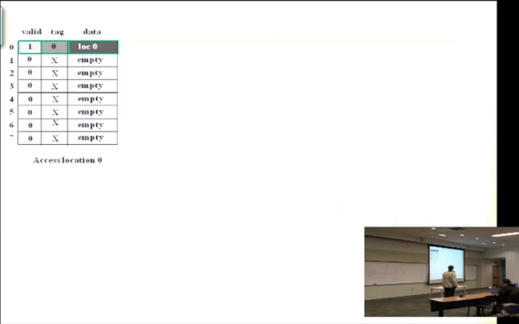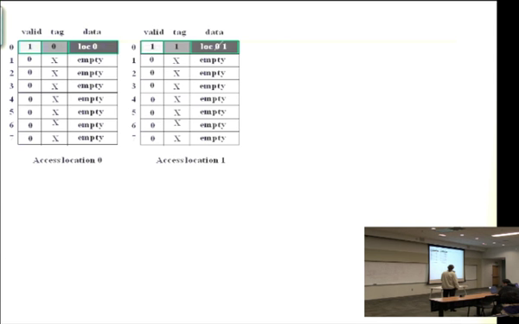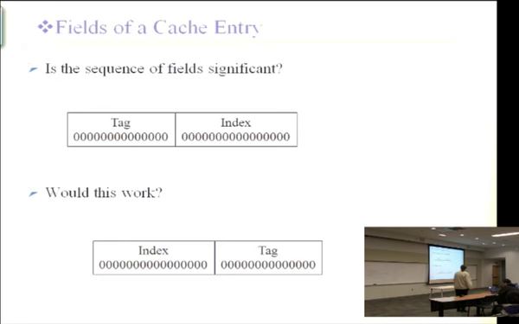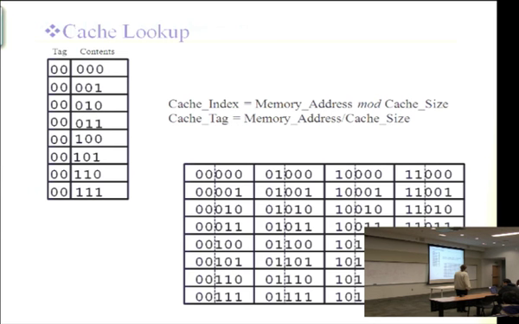There is an example in a book that shows that if you have data, a tag, and a valid bit, and you replace the positions of the tag and the index, you will start replacing addresses 0, 1, 0, 1, 0, 2, and so on, which are much closer and much more often active than, for example, addresses 0 and 8, 0 and 15, and so on. So the reason why you don't want to switch them is that you want to keep the spatial locality.